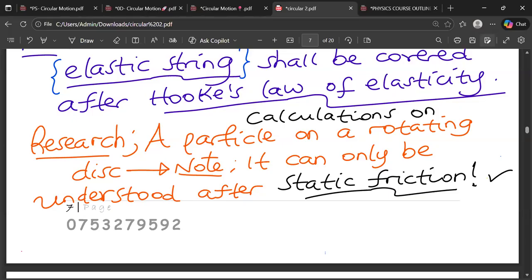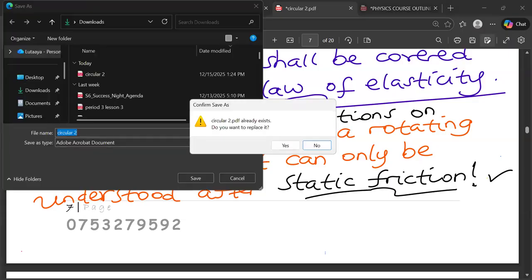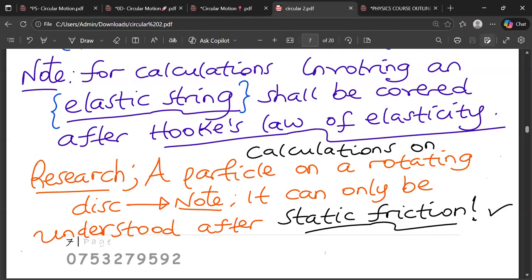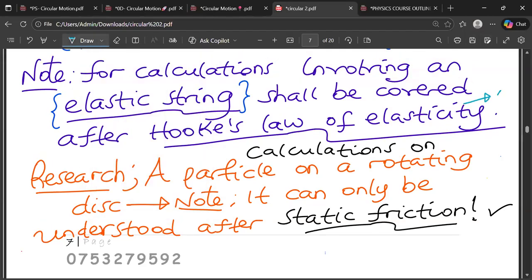Why I've skipped the part of the elastic string is because it has things like the Young's modulus, lambda, it has the L and X. So that means we shall be bringing in R. But if you're well conversant with Hooke's law of elasticity, you can look for those calculations, because now you just combine with the knowledge you've gotten today and you will calculate.